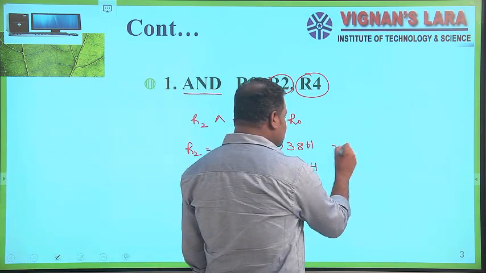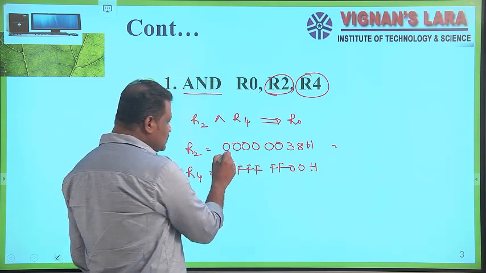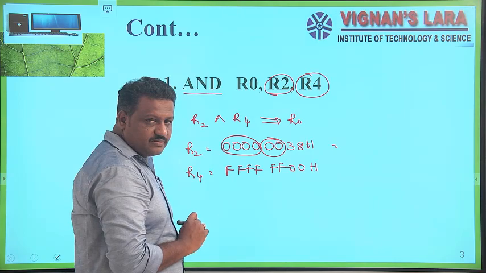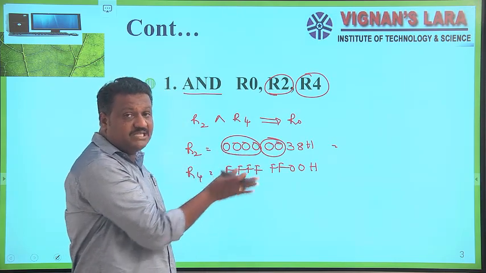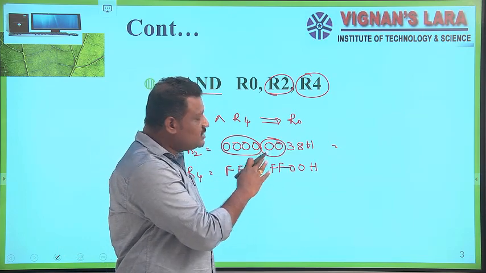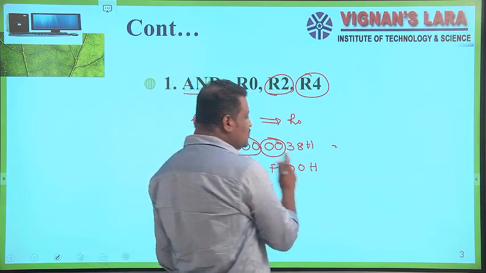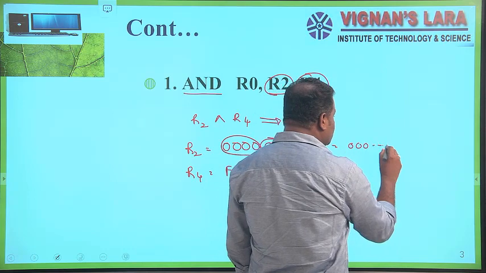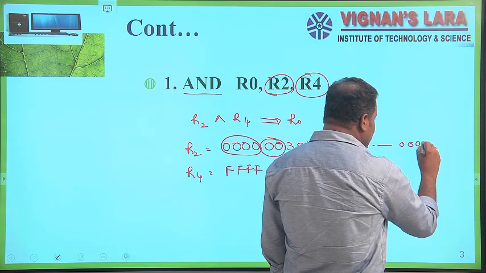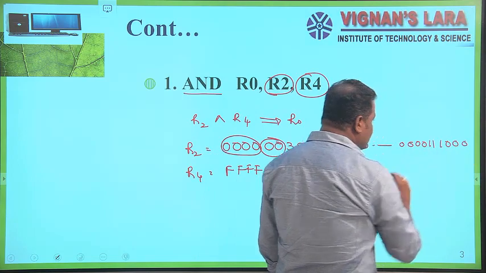If you write the binary equivalent for this, the higher order 24 bits are zeros, and the lower order only two digits, 3 and 8, have their own hexadecimal equivalent in binary form. So these 24 are zeros, and 3 is equal to 0011, followed by 8, that is 1000.